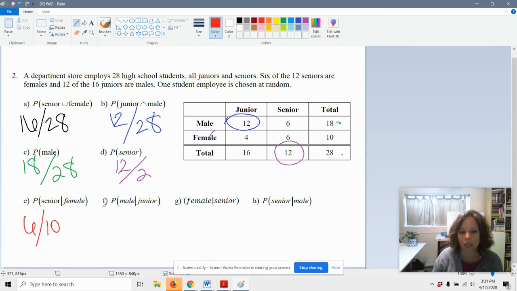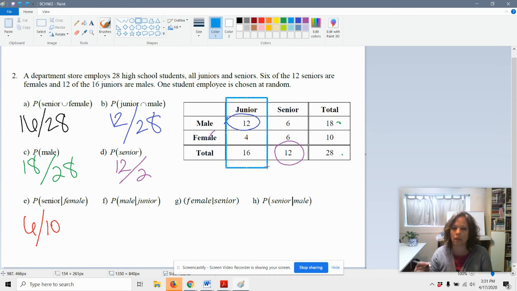All right, for part F, we're looking at another conditional statement, but this time it's conditioned on being a junior. So we're only looking at information in the junior category. This time we're just looking at this data, nothing else, okay? Just that junior data.